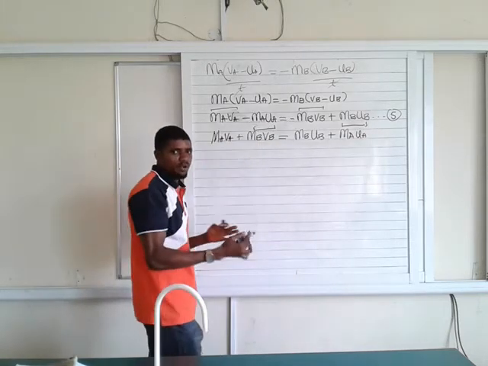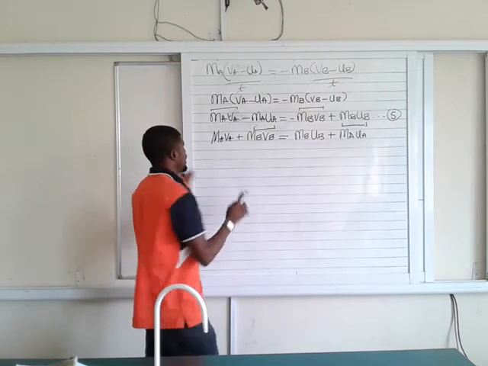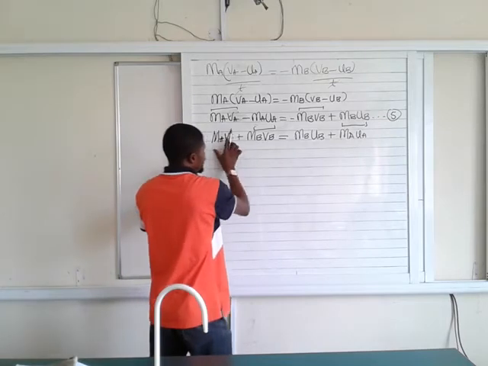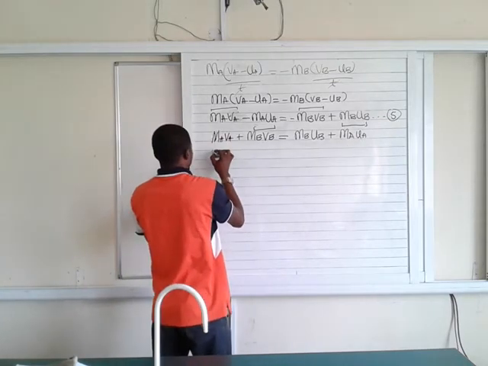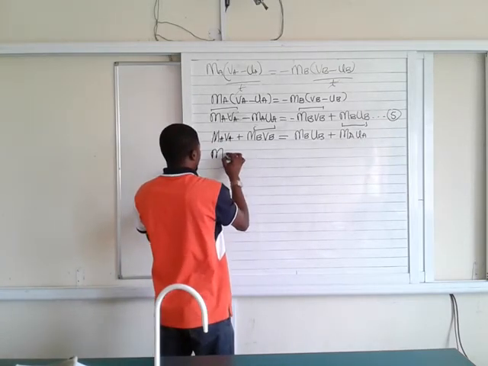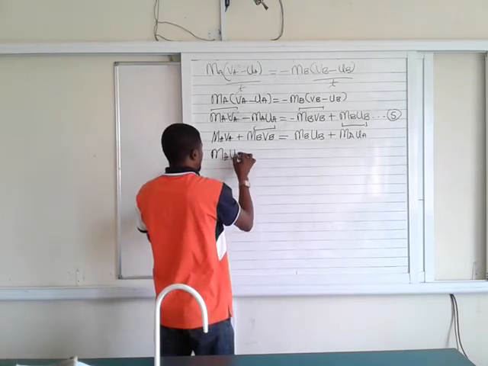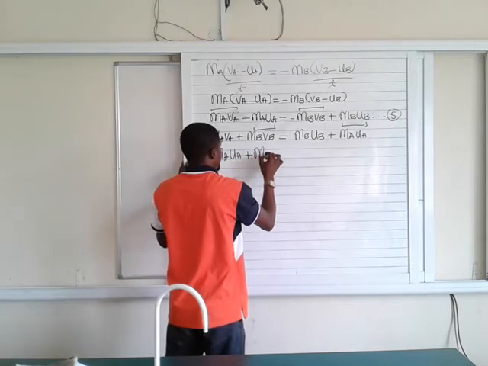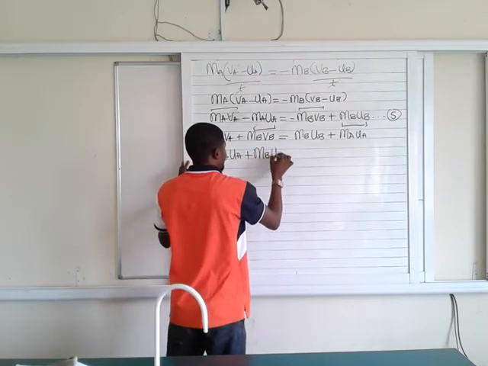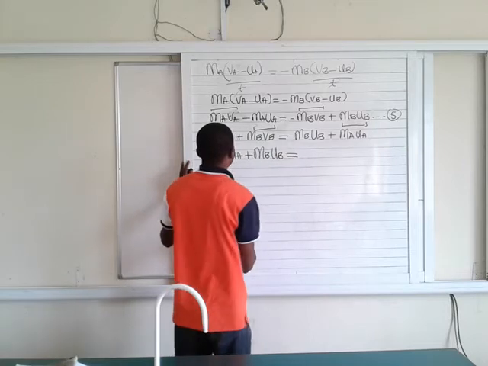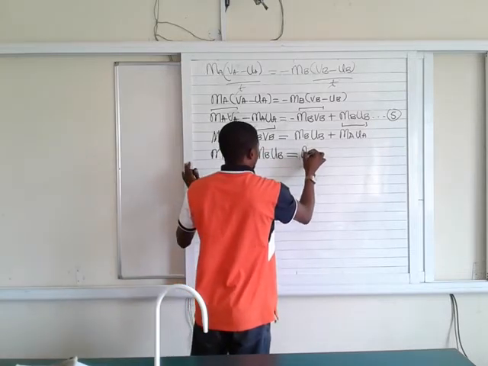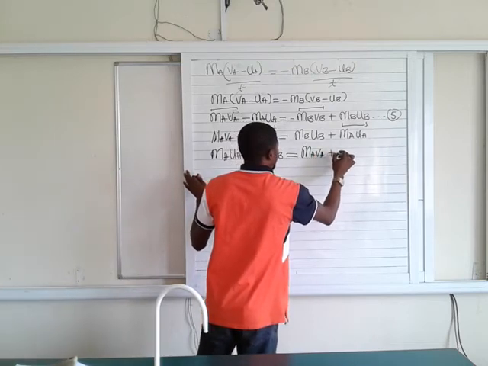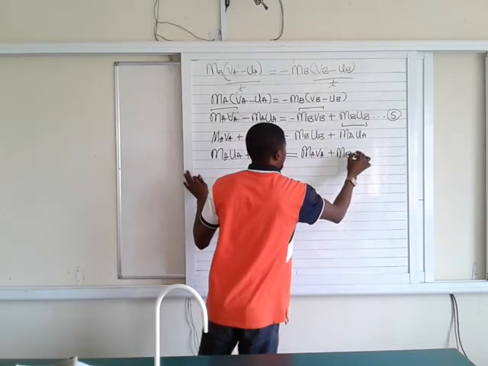We rearrange the equation to have it arranged properly. So we bring this to this side and then this to this side. So we have MAUA plus MBUB is equals to MAVA plus MBVB.